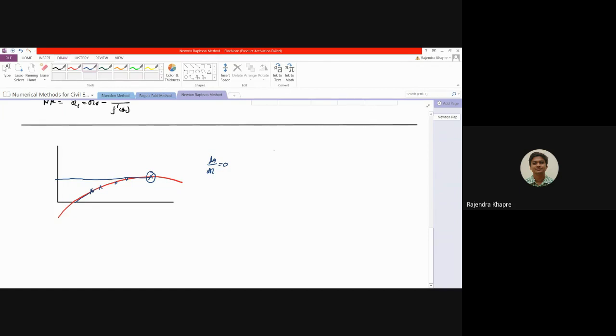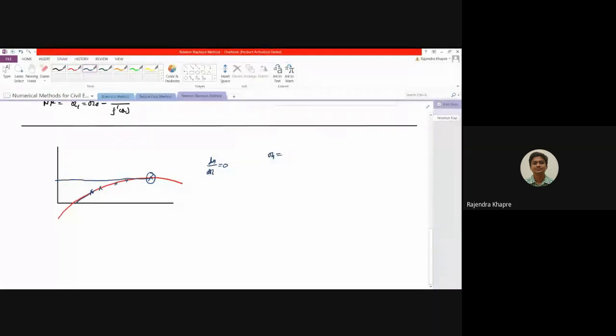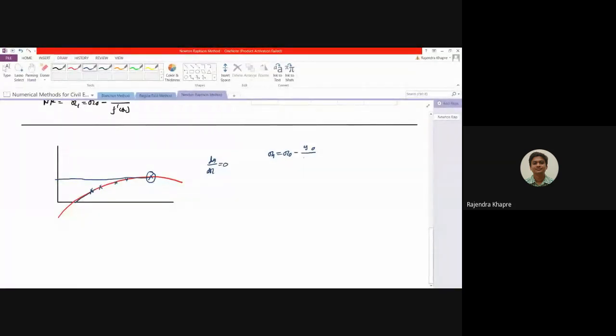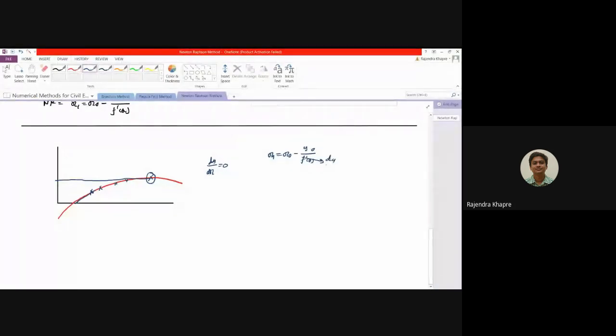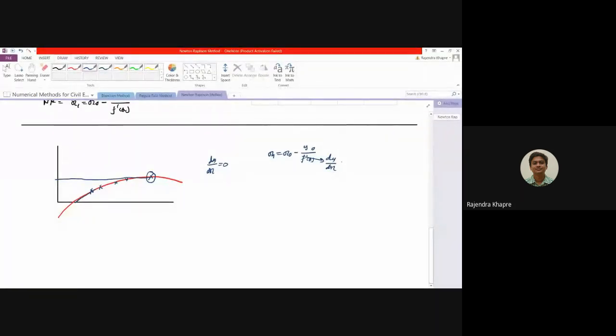As far as your equation is concerned, x1 is nothing but x0 minus y0 divided by f dash of x, and f dash of x is nothing but dy by dx. Now since dy by dx is 0, this term is going to become infinity.